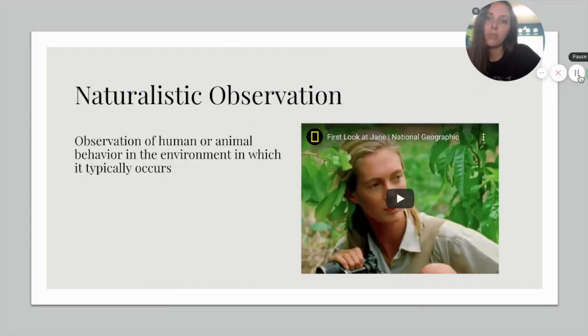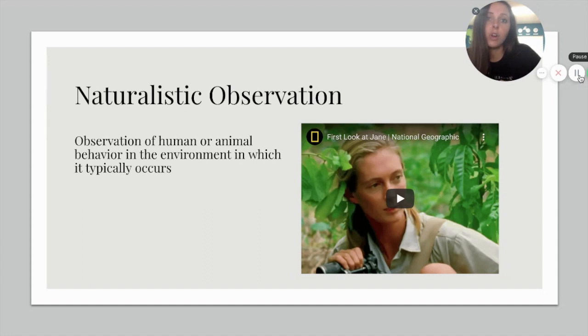Okay, so let's look at one type of research method. We have naturalistic observation. This is just observation of human or animal behavior in the environment in which it typically occurs. So we are just watching and then writing down or describing the behavior. We're not interfering, we're not controlling the situation, just simply watching.